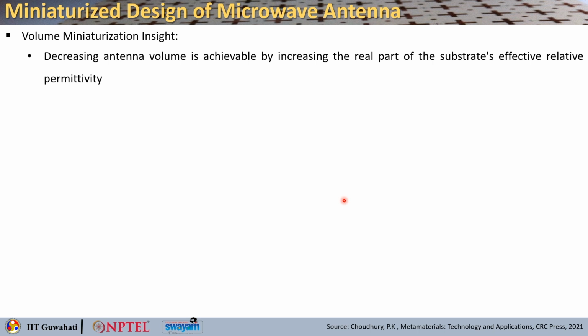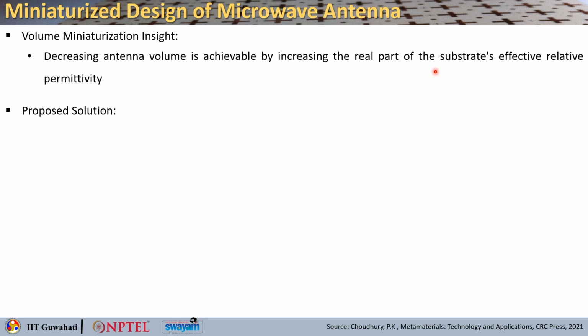So, we found that the volume profile of the rectangular patch antenna on substrate created on the basis of enhanced non-resonant composite or metamaterial is decreased by increasing the value of the real part of the complex effective permittivity of the substrate.